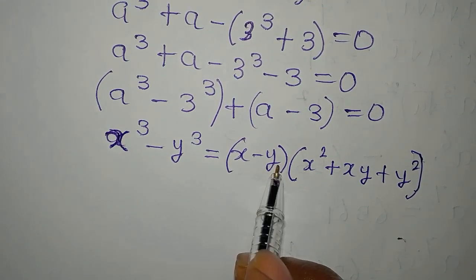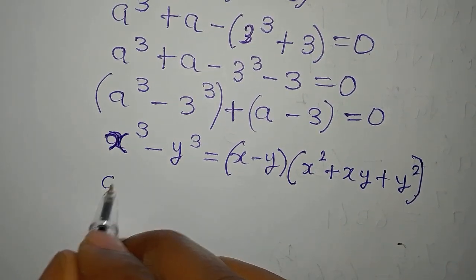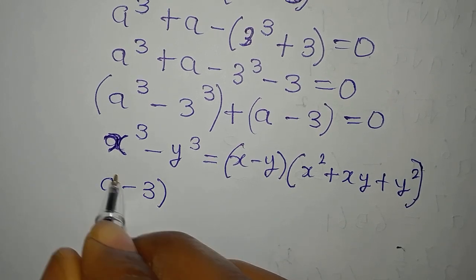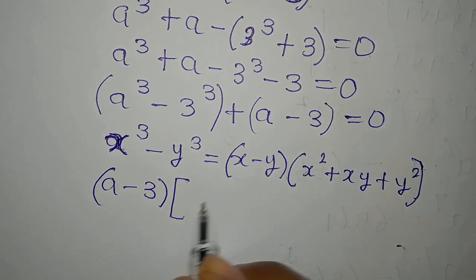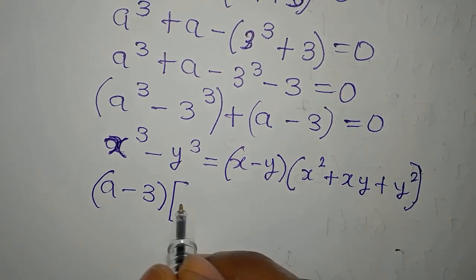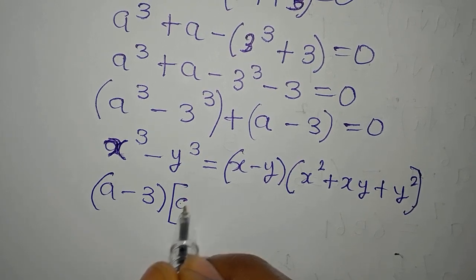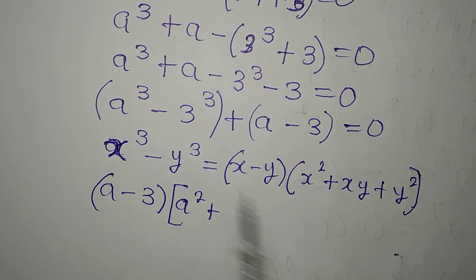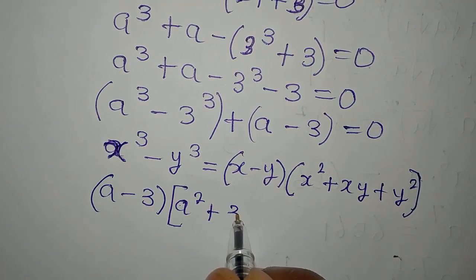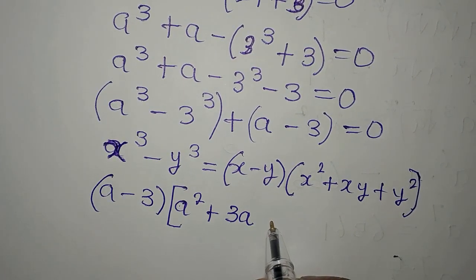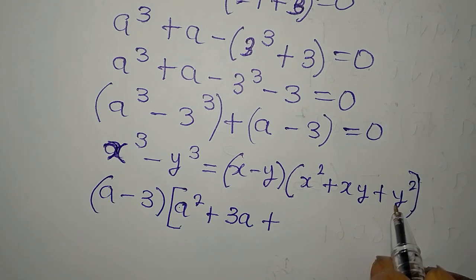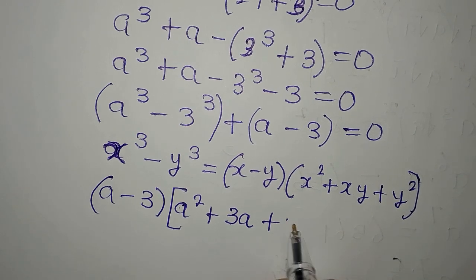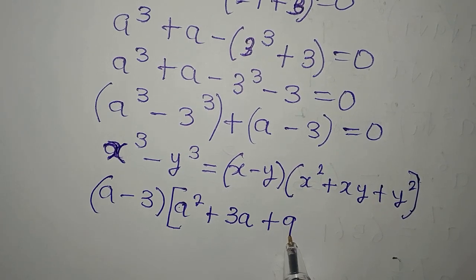So x minus y now becomes a minus 3. Then in here I have x squared, which will be a squared, then plus xy, that will be a times 3, and it's 3a. Then I have plus y squared, which will be 3 squared, and it is 9.